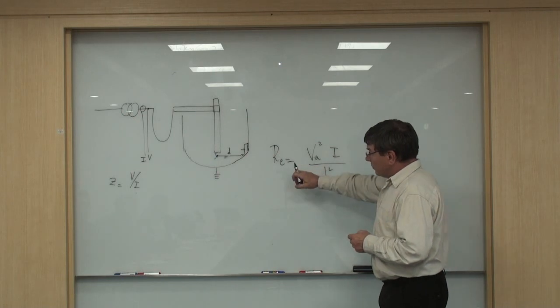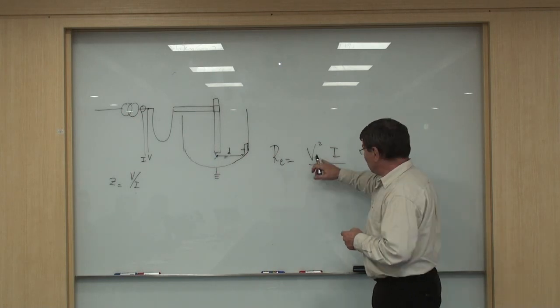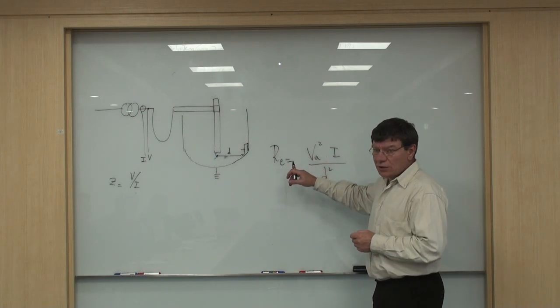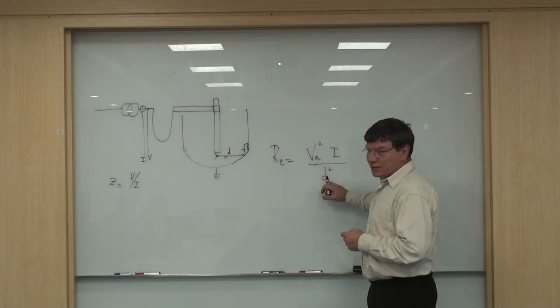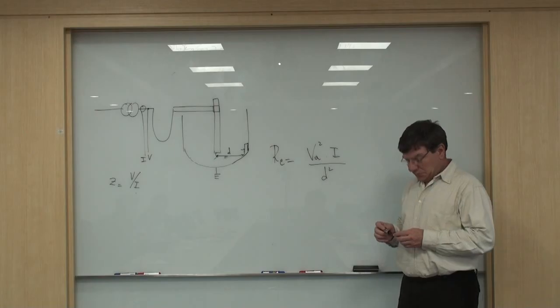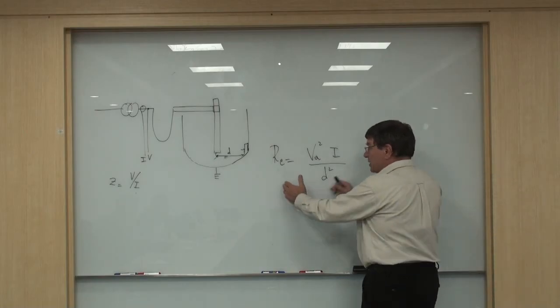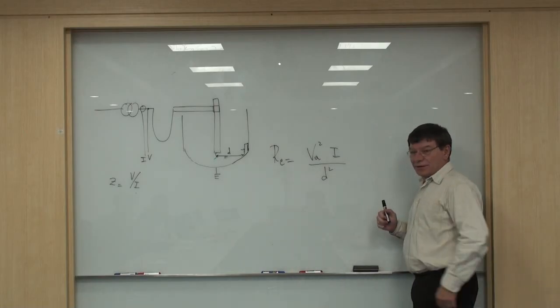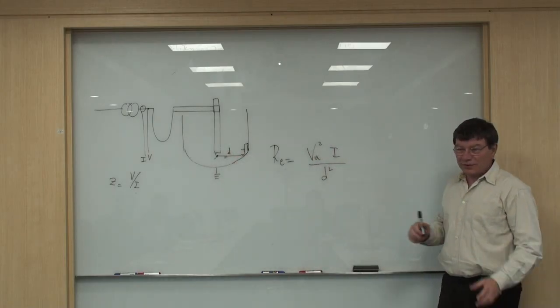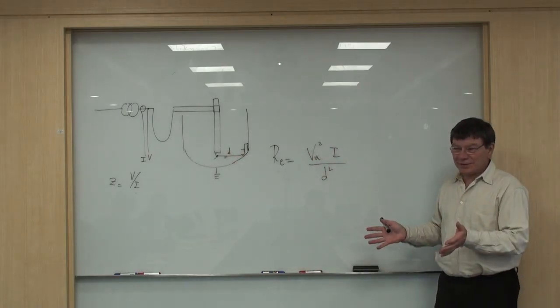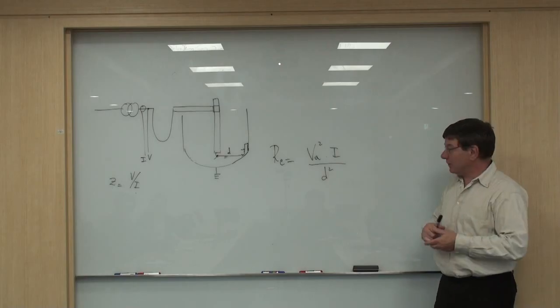So the radiation is proportional to the square of the arc voltage times the current, divided by the distance squared. Which means if you extend the distance between the arc and the wall, then you decrease the radiation. This is easy.